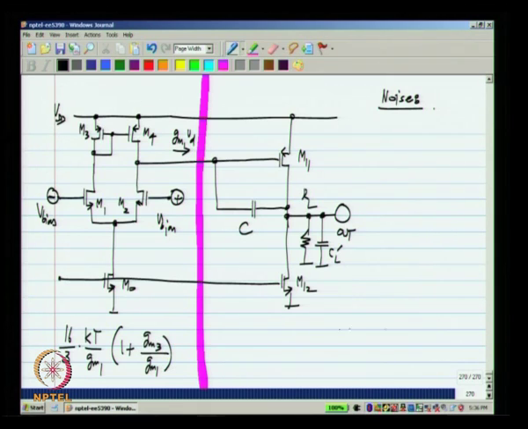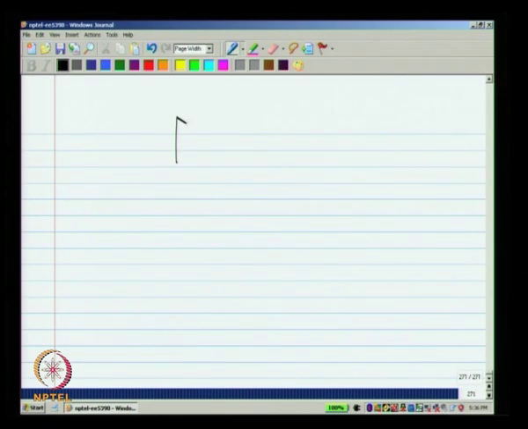Okay. Now, let us say we have a two stage structure. We already know the input referred noise of the first stage, let me call it SV1, and this is GM1, GO1.